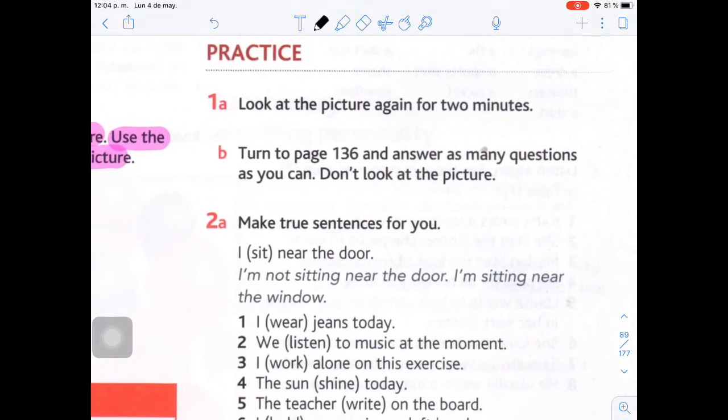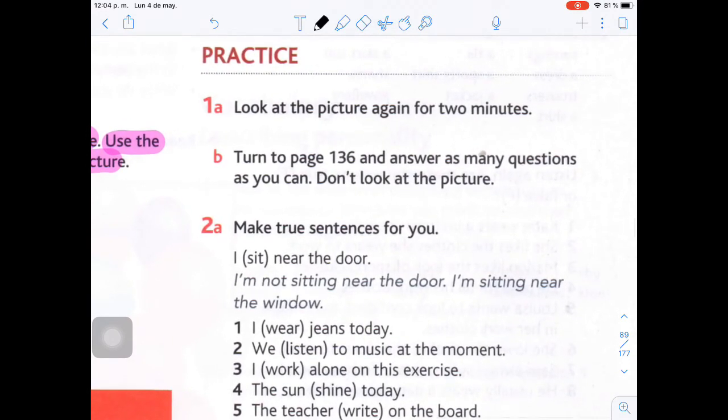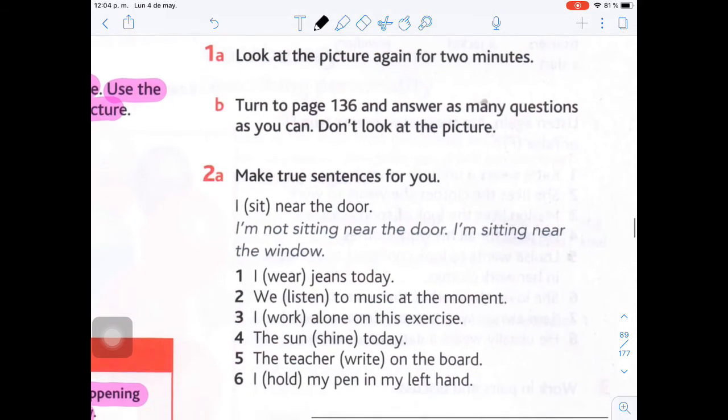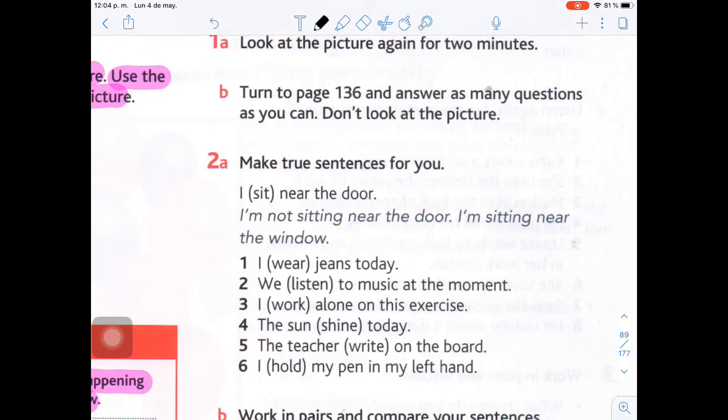In the practice section, there are two exercises. First exercise, we are not going to do it, or if you have time, you can do it in your house. But let's pay attention to exercise 2. In exercise 2, it says, make true sentences for you. So in this moment where you are sitting down, you're going to do this exercise.